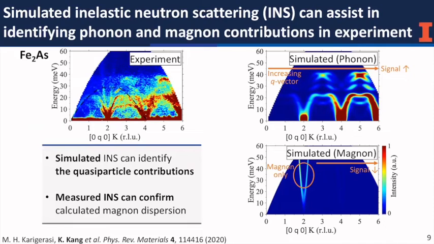We didn't use any rescaling. We just take the exchange coefficients directly from the first principle method, and then just solve in terms of the spin Hamiltonians. So we didn't do any kind of rescaling in our calculation.